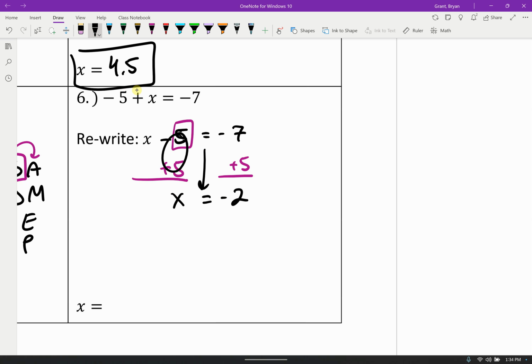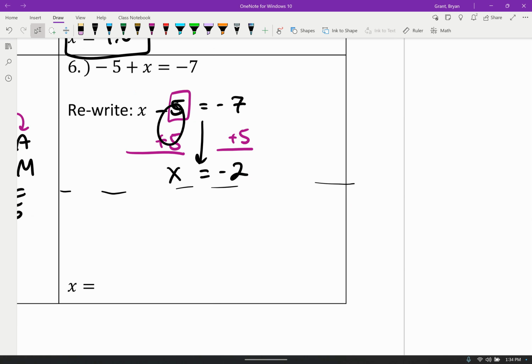Now, you could also have done this without moving the x, and it's probably important as you guys get more confident with this to see how we could move faster, right? If we had -5 plus x equals -7, we always want to look at the number that's attached to x and then check the sign to the left. And that's going to be the same thing as what's attaching it to the x.